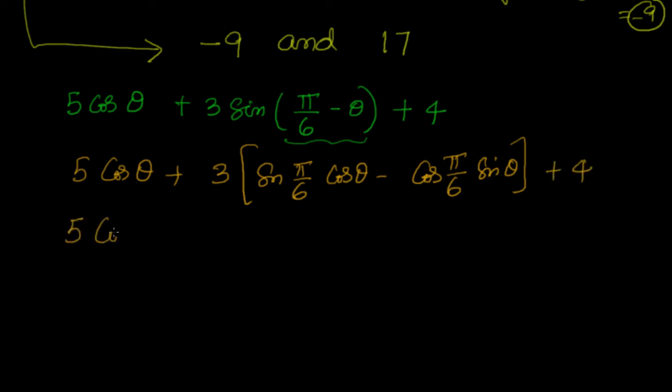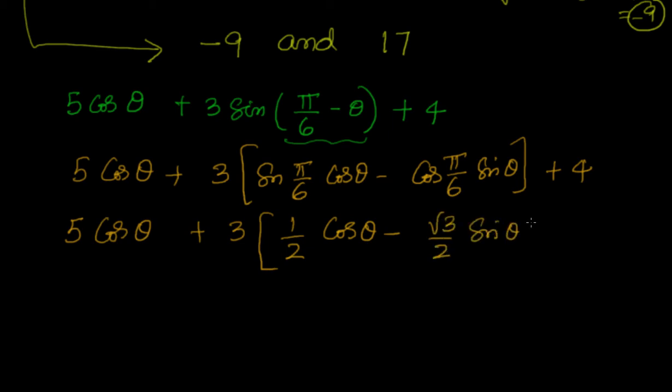That's nothing but equal to 5 cos theta plus 3 into sin 30, which is 1 by 2, into cos theta minus cos pi by 6, which is root 3 by 2, into sin theta plus 4.